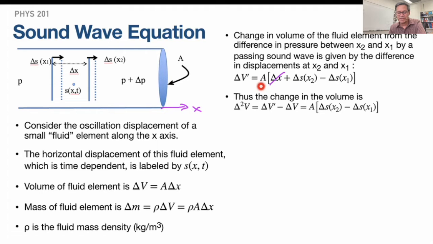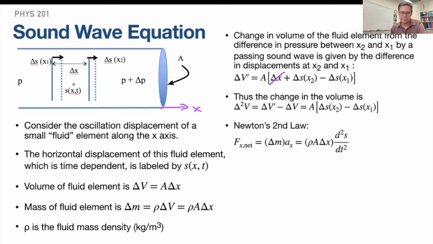And that's just going to be the cross-sectional area A times that change in displacements, delta S at x2 minus delta S at x1. Right? And as I said, if x2 pushes out more than x1, this is a positive increase in the volume size, and if it's the other way around, it's a negative change in the volume.